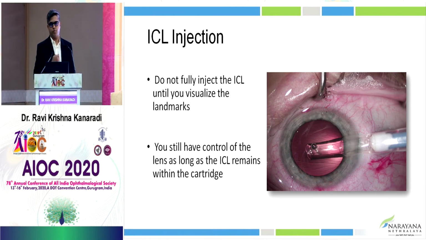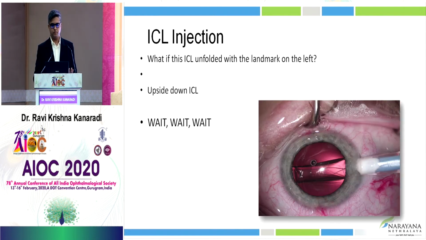Then you may have to pull the lens out and reload. So inject slowly and see that you are seeing the hole on the right upper side. Once you see that hole, then start pushing a little faster. Then it unfolds in the same manner. If you push it fast, it might open fast or it might turn. That's why in ICL, the injection should be very, very slow.